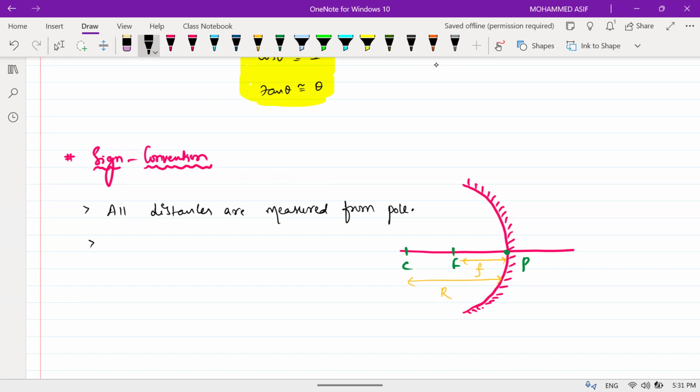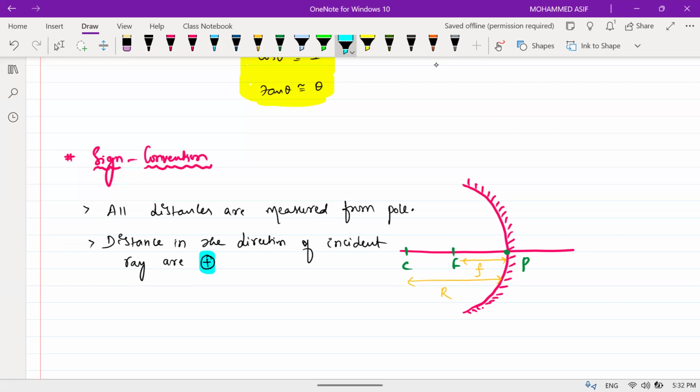Next one: distances in the direction of the incident ray are positive.